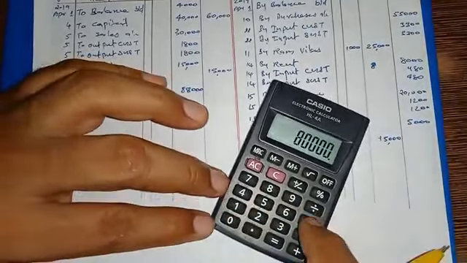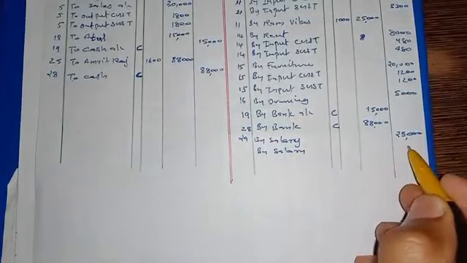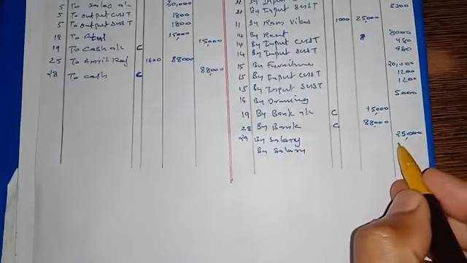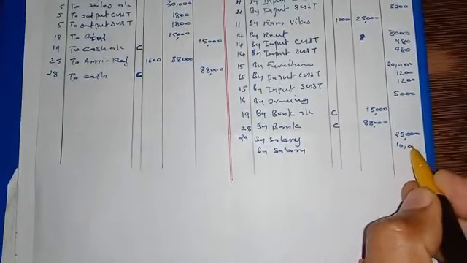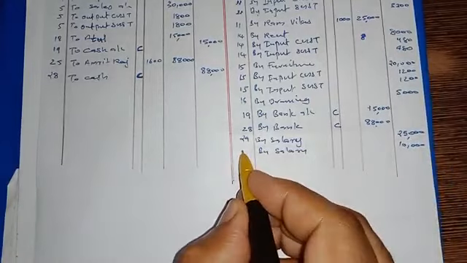Where is the money taken from? From the office or from the bank? From the bank only. So in the bank column we are writing 25,000. Then one more, paid salary of the manager by check, again by salary. It is also given by check only, that is 10,000. So recording of transactions is over.